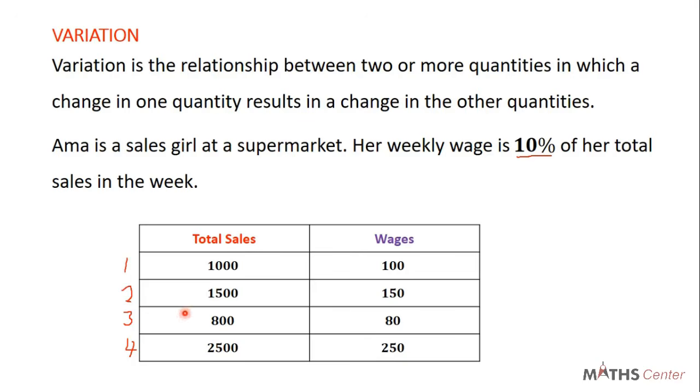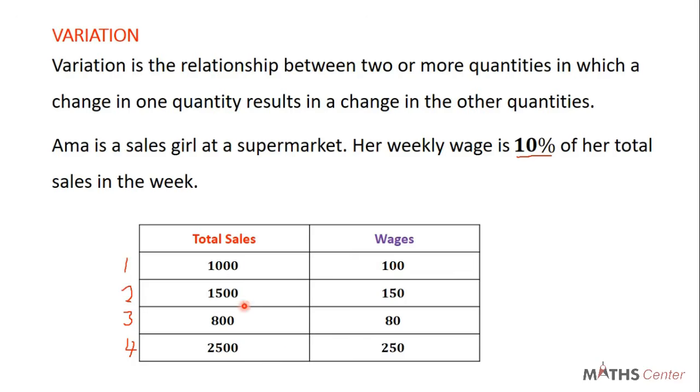Now you can see from this table that Amma's weekly wages depend on her total sales. That is, her total sales determine how much she will receive at the end of the week. So if she makes a total sales of 1,000 cedis, her wage will be 100 cedis.